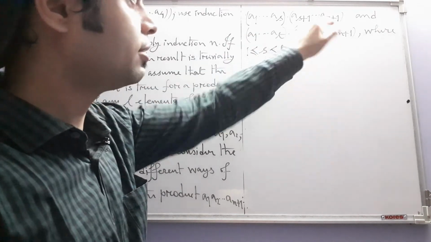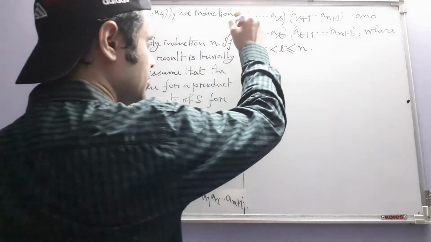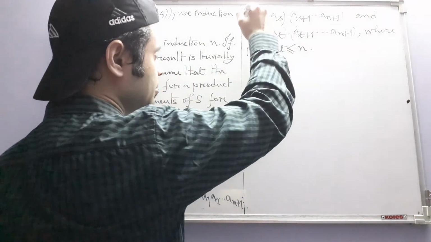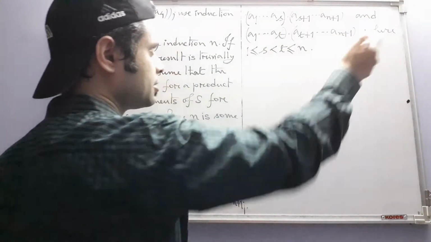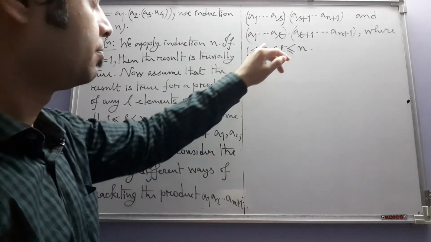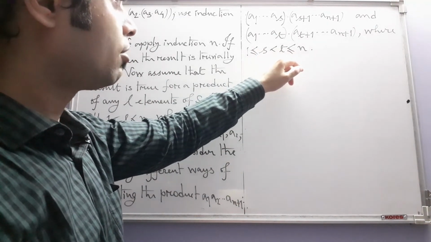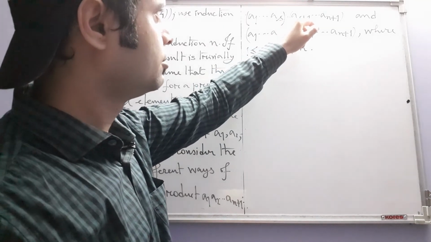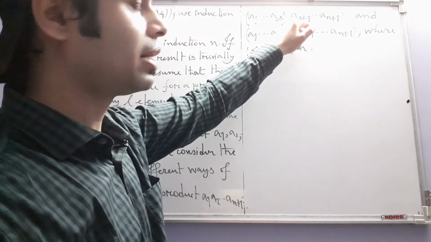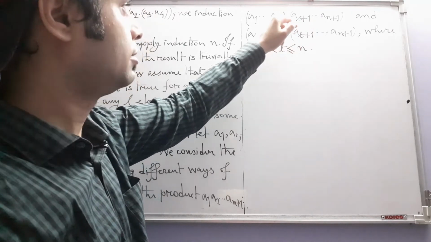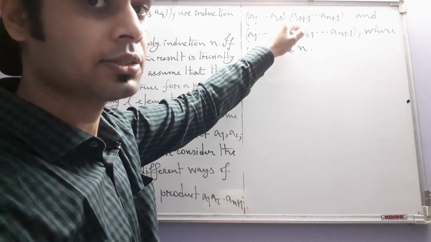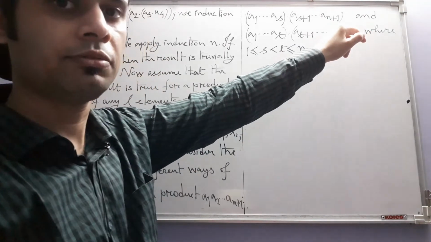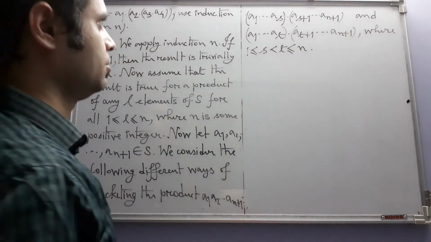Now what is the meaning of these things? Both of these things are this product. However, we have put brackets in separate places. Depending on the values of S and T, we have decided to end the first bracket right after we have AS, then start a new bracket from AS plus 1, and then we have AN plus 1.